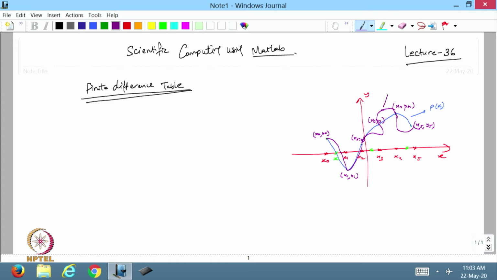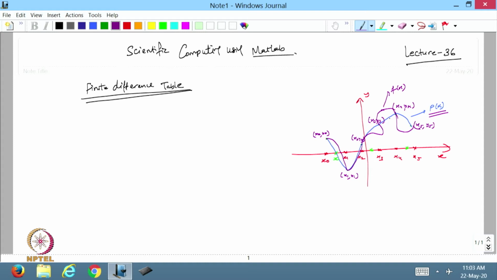We do not know that function, but we take it that there is some function and the points are a few values of the function at the given nodal points. That data is given to me. Based on these data points I want to approximate a polynomial. So this Px is the interpolating polynomial passing through all these data points.